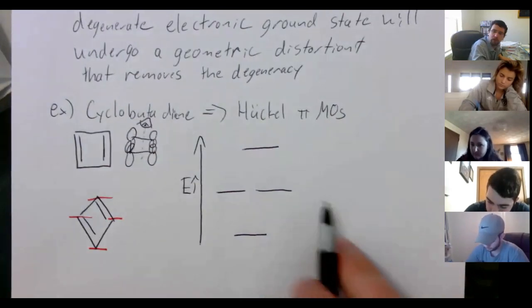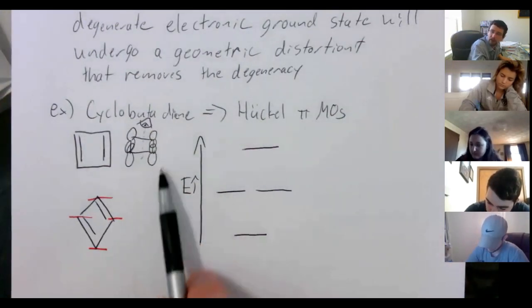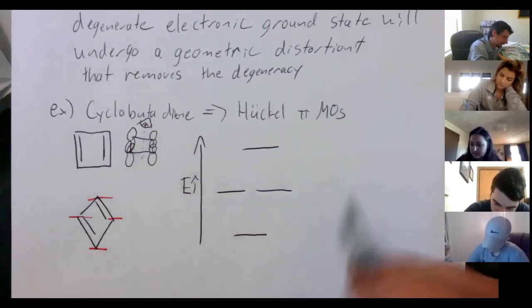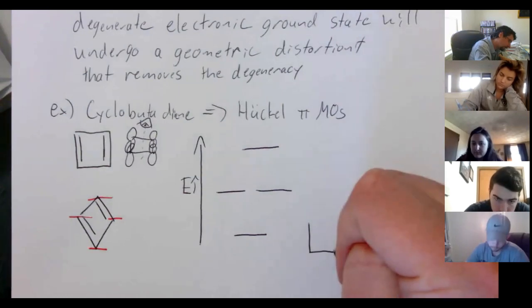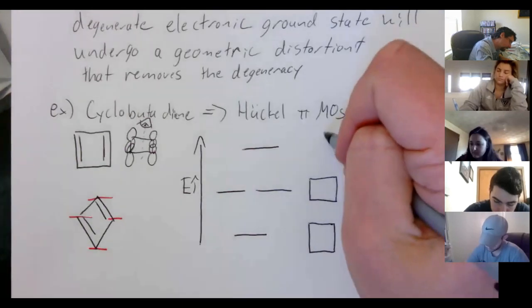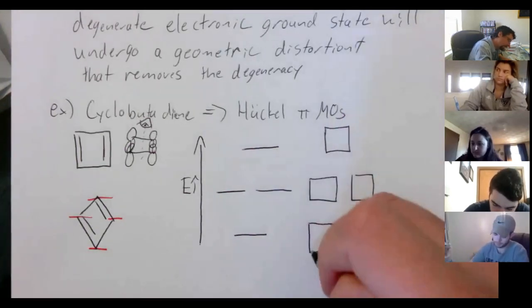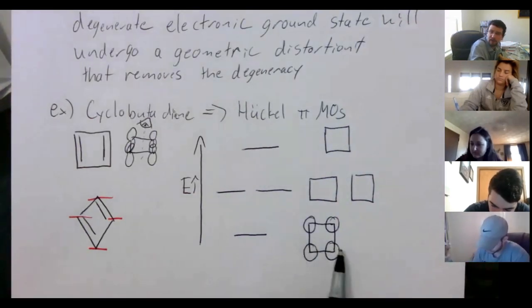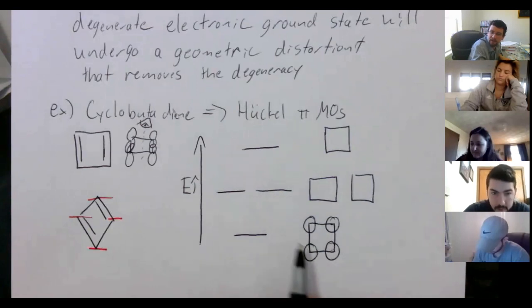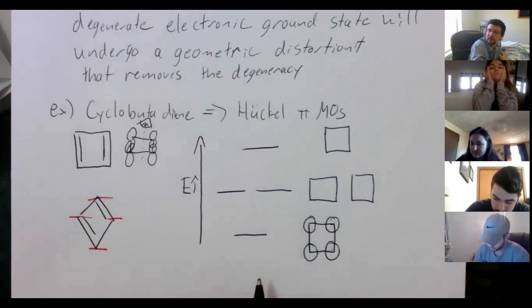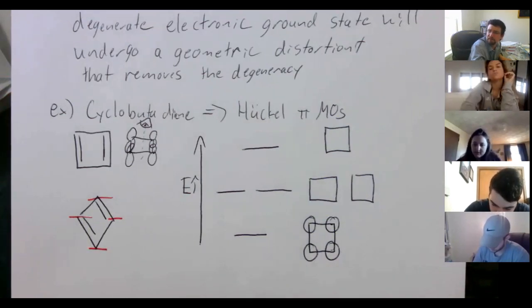Okay, let's try to draw what these orbitals look like, though. Remember, we're looking down, so all we're going to see is the top of these pz orbitals. Should they all be in phase, out of phase? How should they look? I think that's fine.